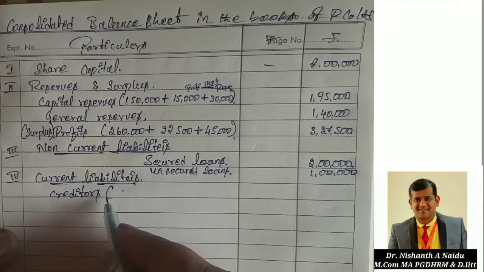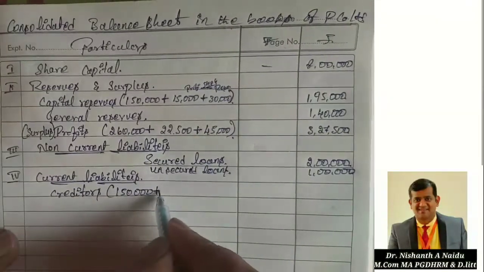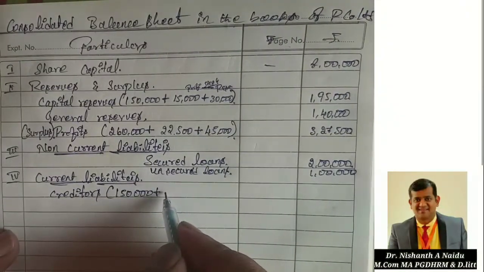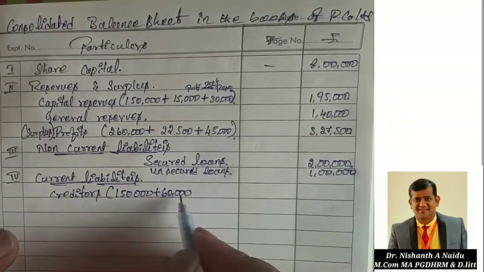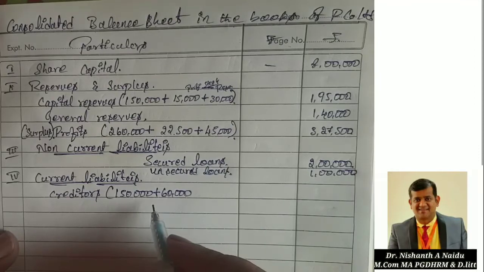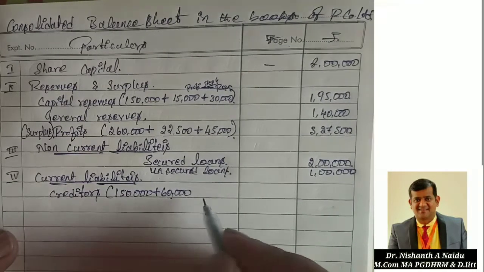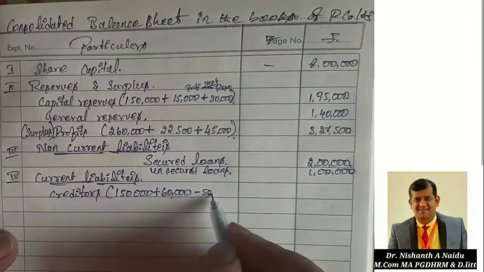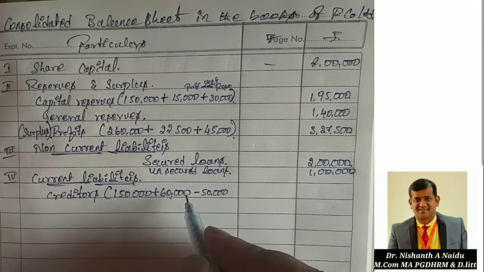1,50,000 rupees, that is P Company Limited, plus Q Company Limited 60,000 rupees. So 1,50,000 is P Company, 60,000 is Q Company. Minus 50,000 rupees, which has been given in adjustment number 2: sundry creditors of P Company Limited includes rupees 50,000 due to Q Company Limited.